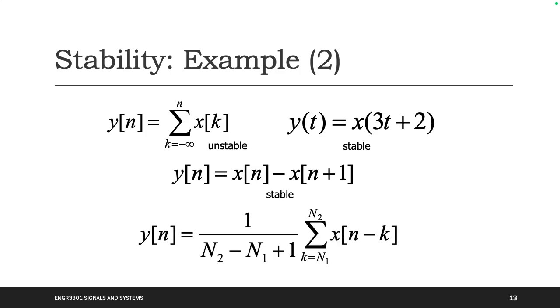Then let's talk about this one. Firstly, we know x[n] is bounded. You can see this one and the previous one are similar, but the difference is that there the sum is taken to infinity, while here it goes from n1 to n2, which means the output is some bounded signals added together.